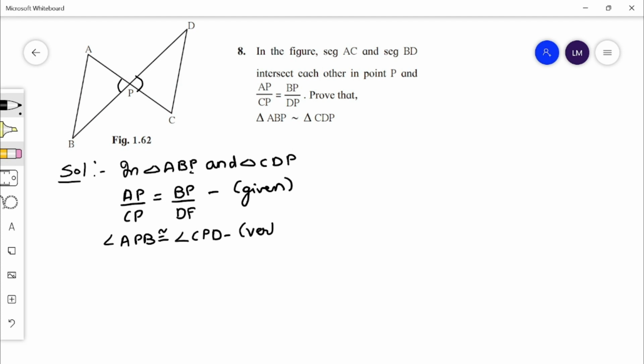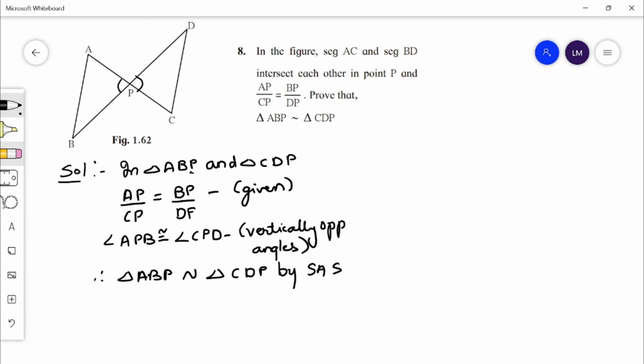Reason is vertically opposite angles. Now, two sides are there and the angle in between is given, right? So, therefore, triangle ABP is similar to triangle CDP by SAS test for similarity.